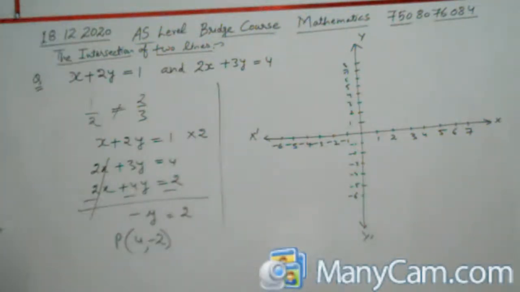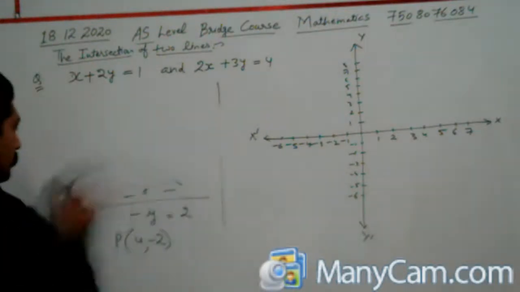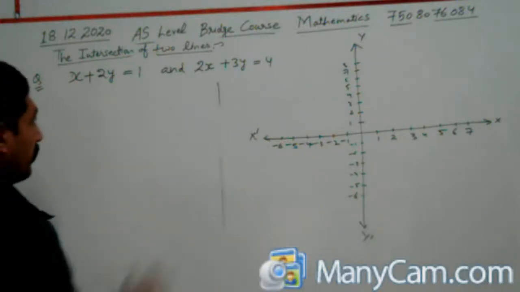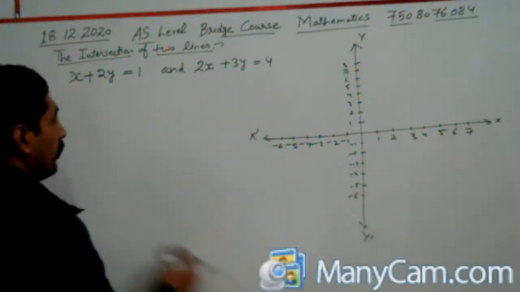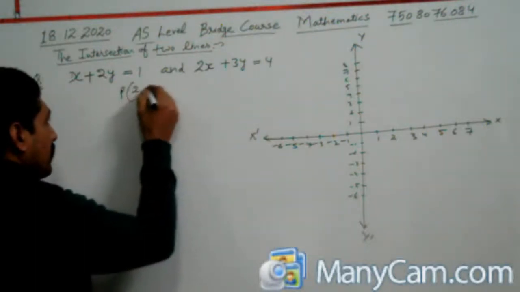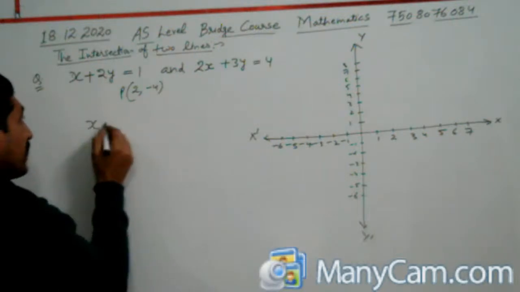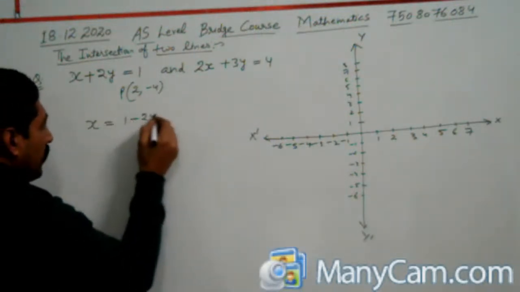Now the graph of the first one. Already we have noted the solution, the point of intersection, that is point P. But here if we plot the first equation, x is equal to 1 minus 2y, right?